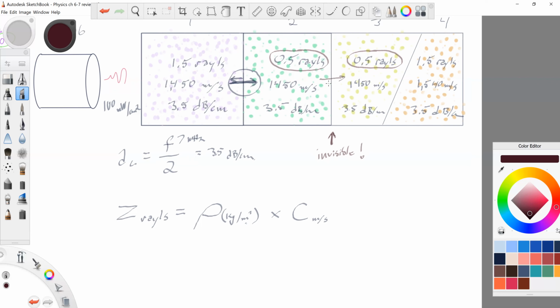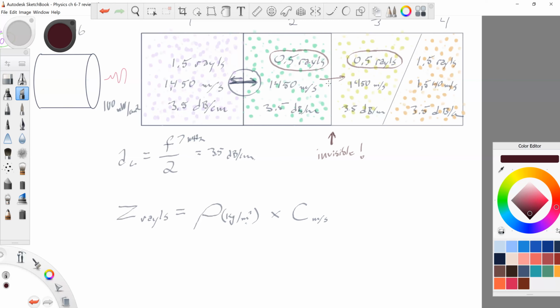Sound travels through and no sound is reflected at the boundary. Transmission only, the impedance is the same.